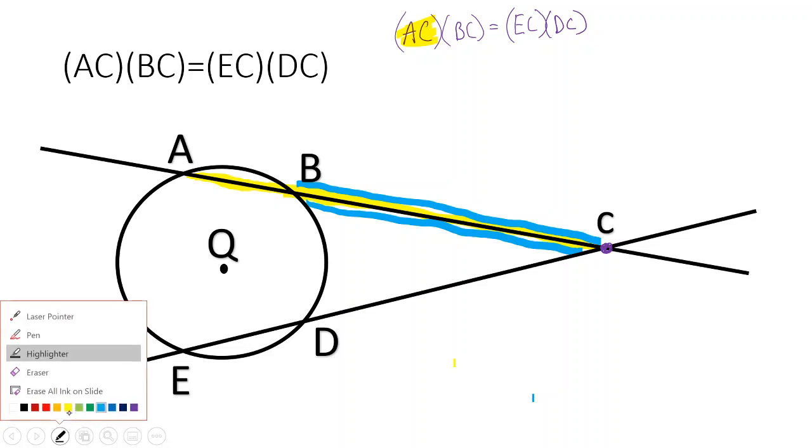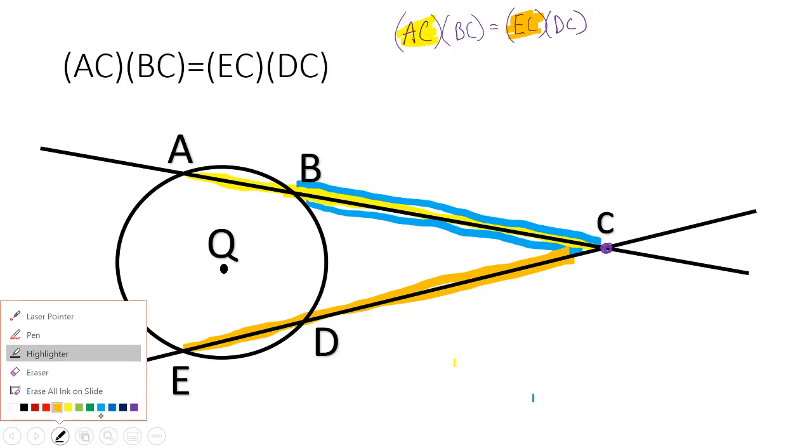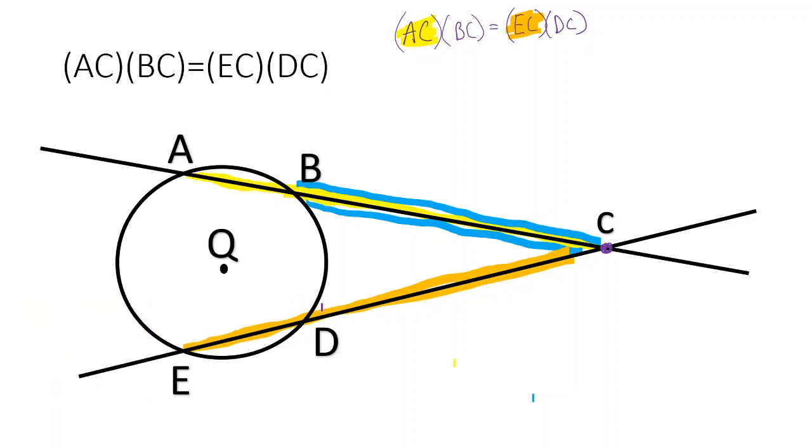is equal to, and let's do this in orange, the whole thing in the bottom, EC, times, let's do this last one in purple, DC. So there's the proportion that we have. That's DC.